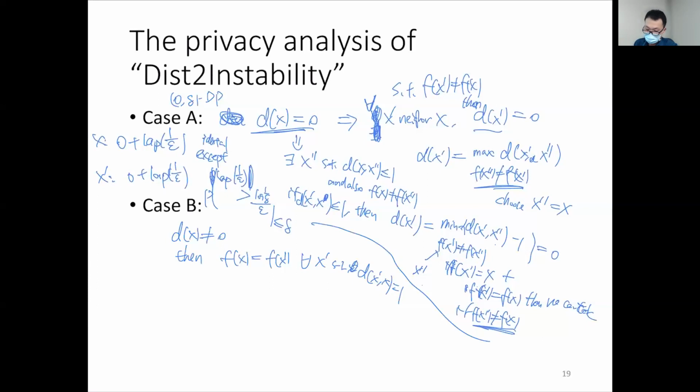Which means that we need to discuss two cases: the first case is the output is perp, and the second case is the output is f of x, because f of x is the same as f of x'.